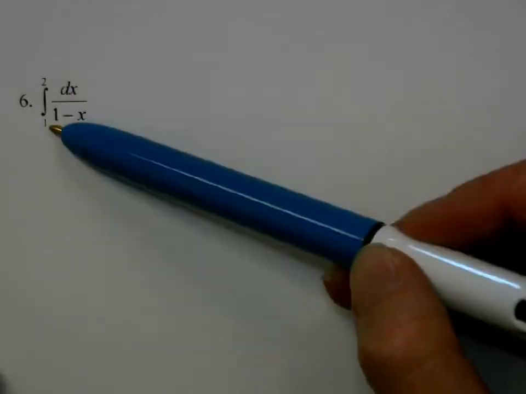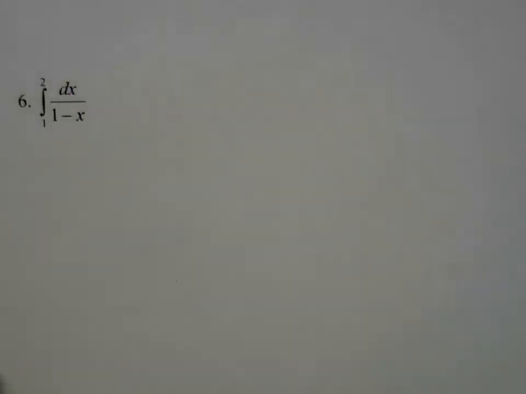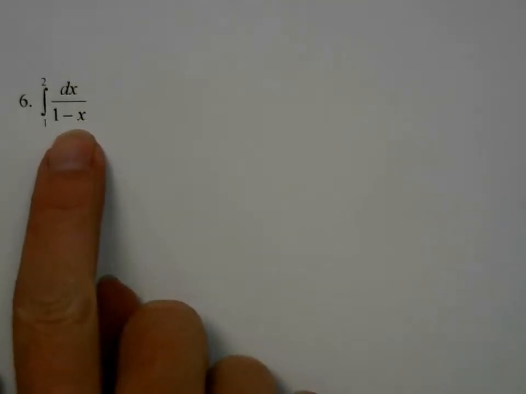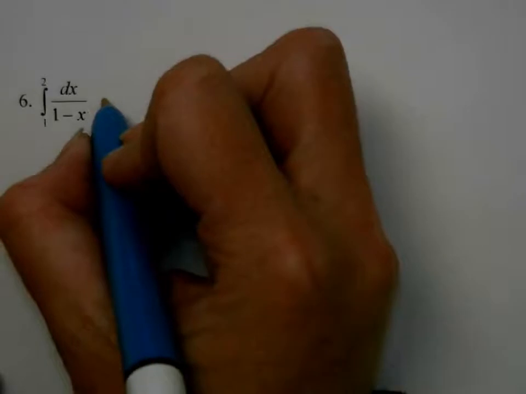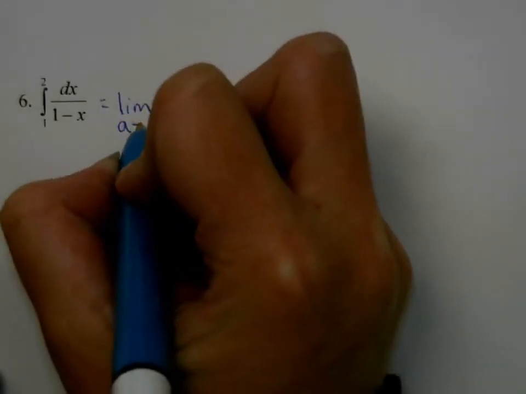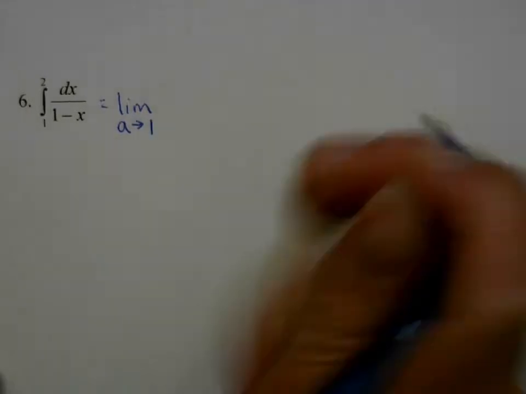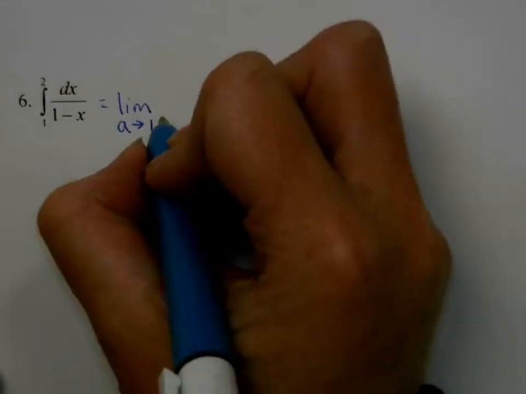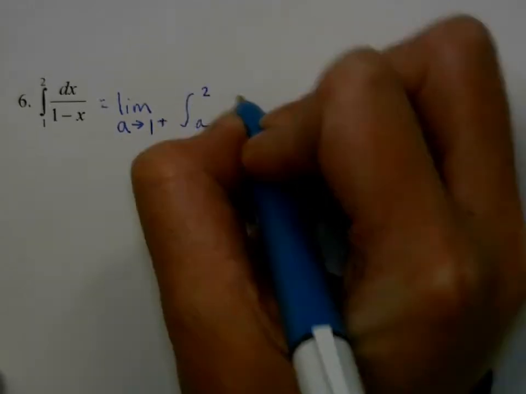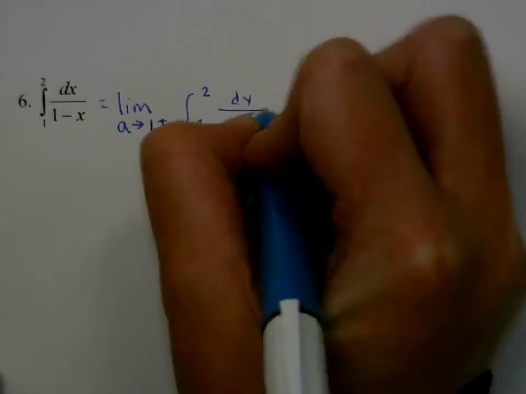The second type of improper integral is if within the limit of integration, your function has a vertical asymptote. This one's going to have a vertical asymptote when x equals 1, because that's what's in the denominator here. So I'm going to rewrite this one as the limit as a goes to 1 from the positive side, since we're going from 1 to 2, of the integral from a to 2 of dx over 1 minus x.